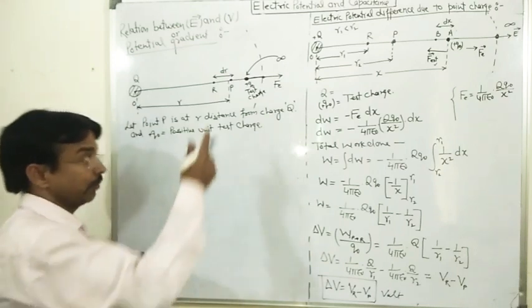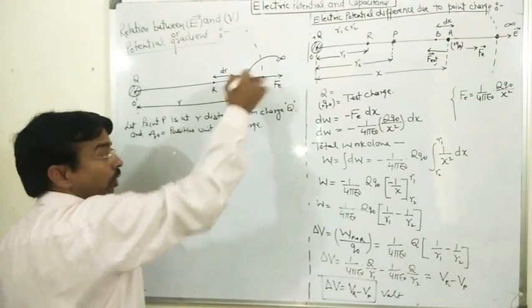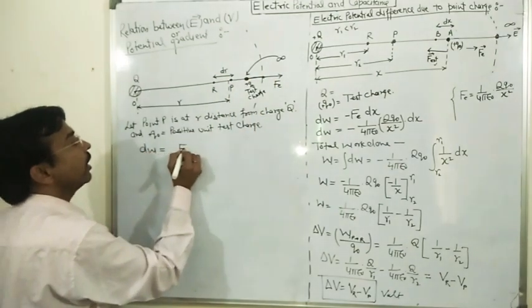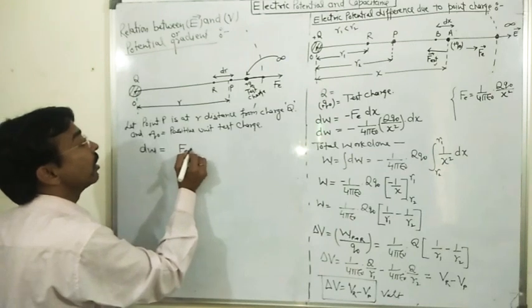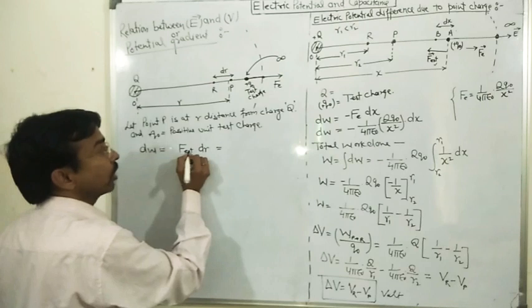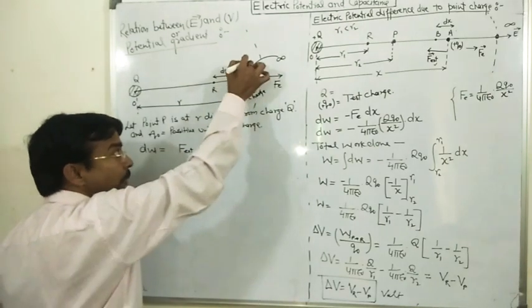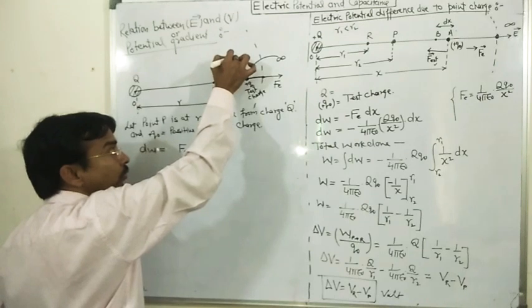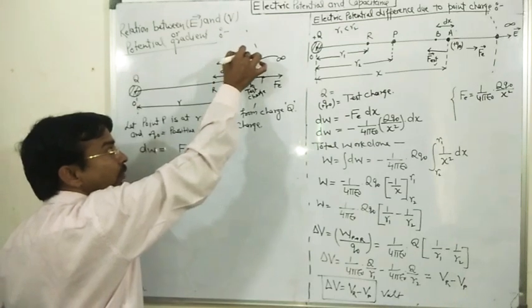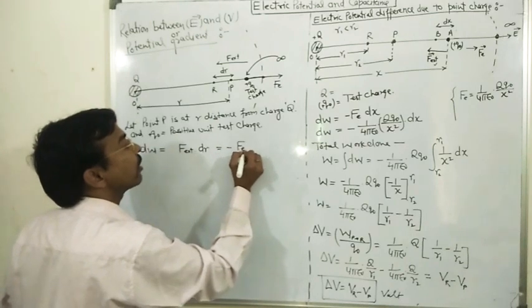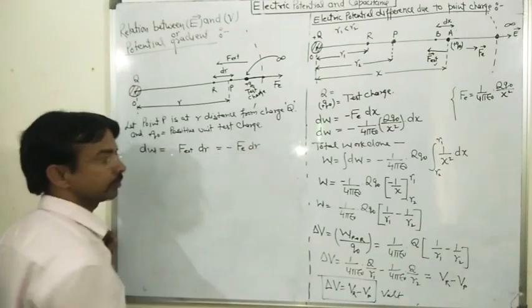A small work done dW is written as F external into dr, and since you bring the charge along that direction, F external will be directed here, and it will be written as minus F electrostatic into dr.